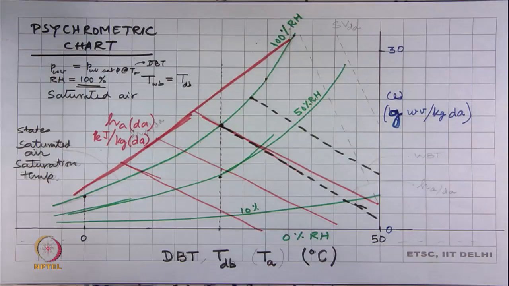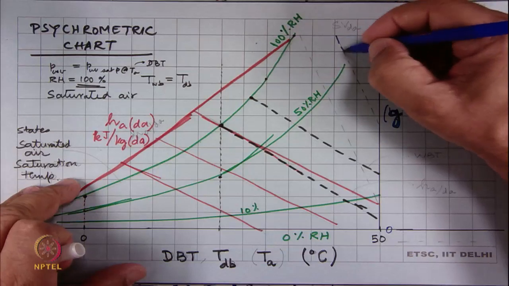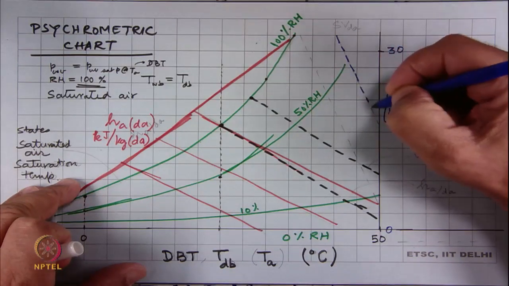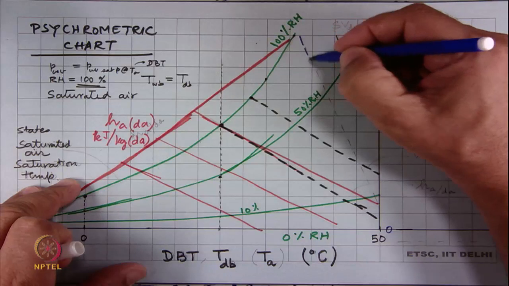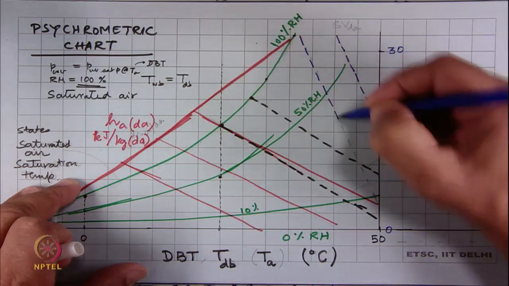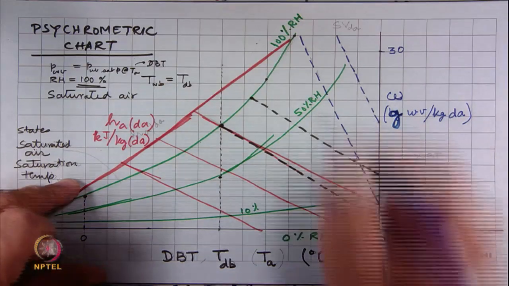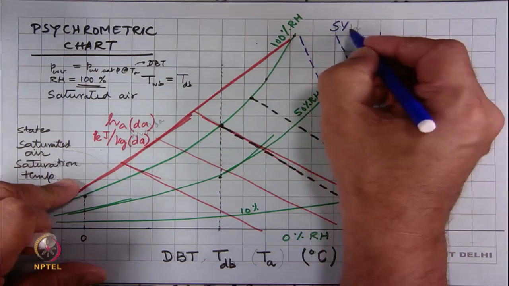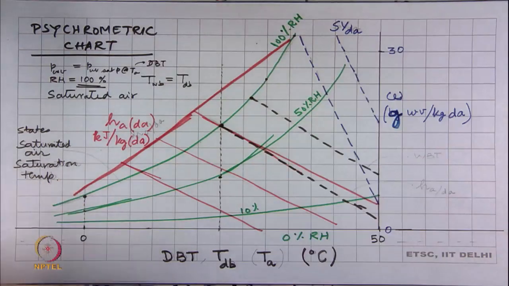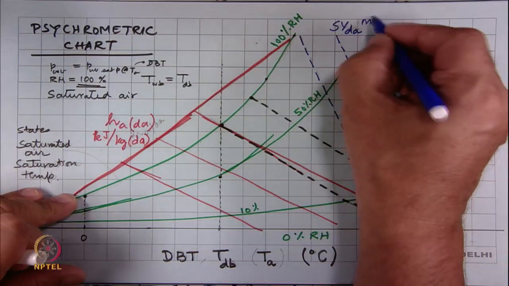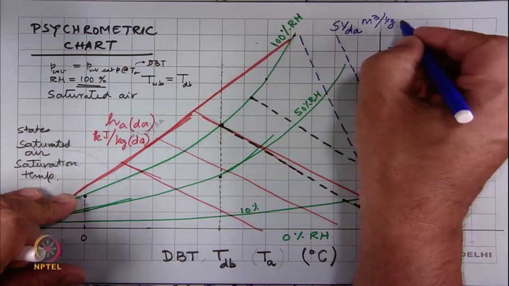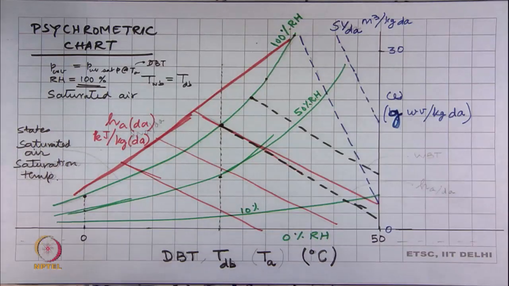So, if we go back to our chart, then we begin to see yet another set of lines, which is these lines. These are lines of constant specific volume on dry air basis, meter cube per kg dry air.